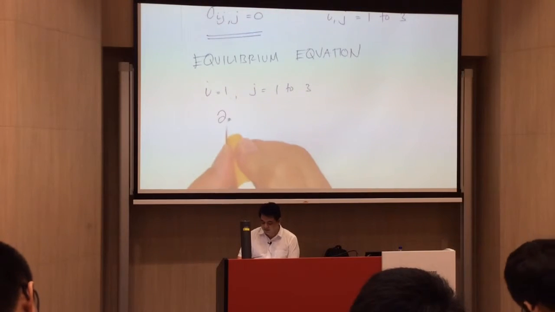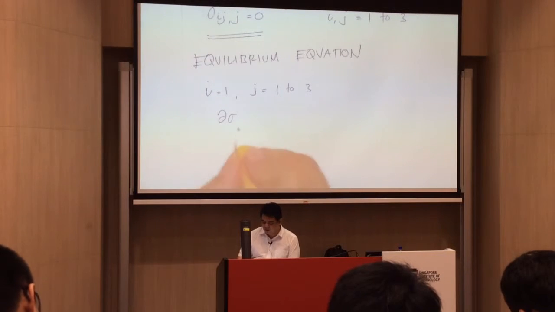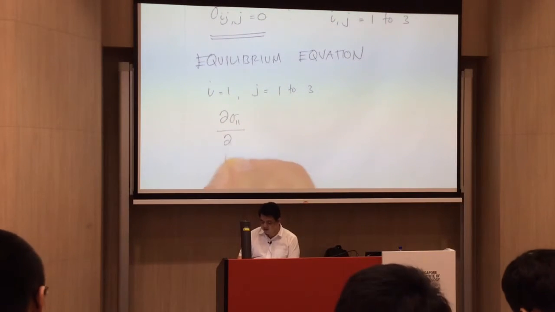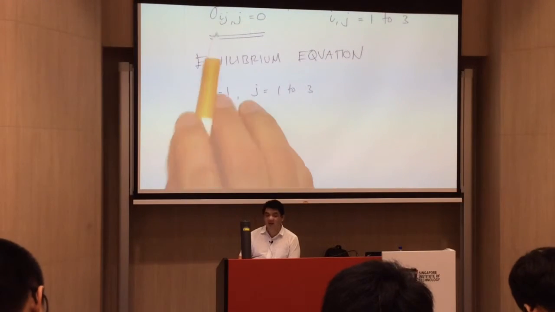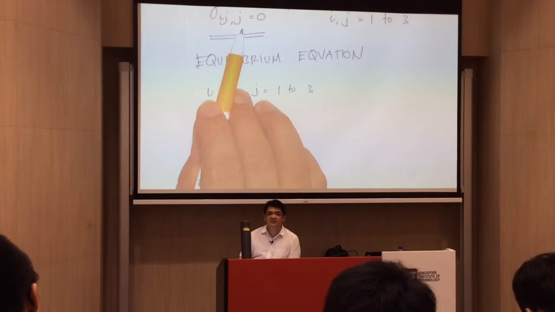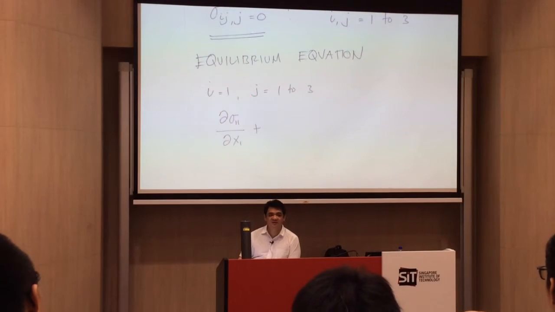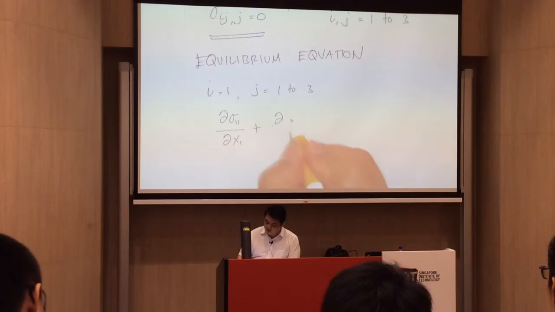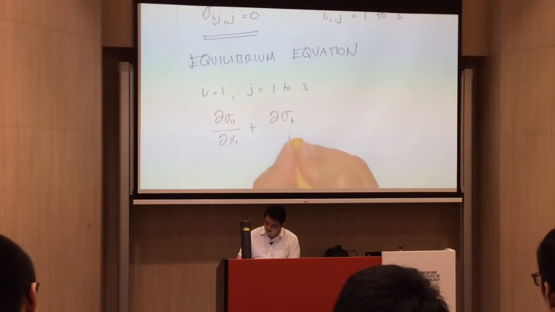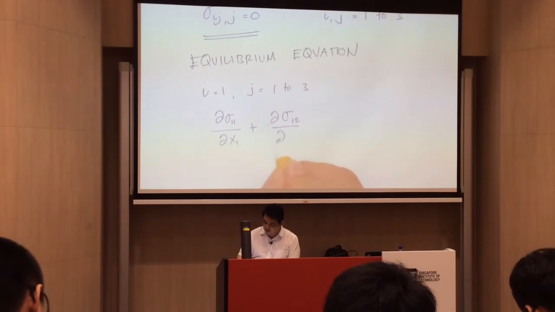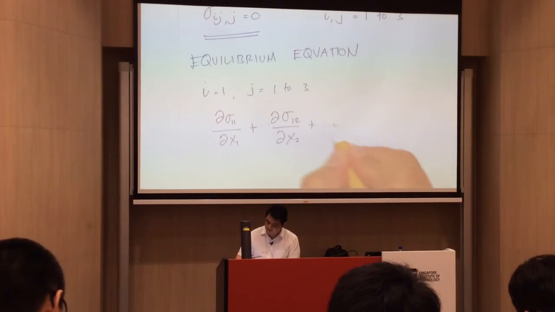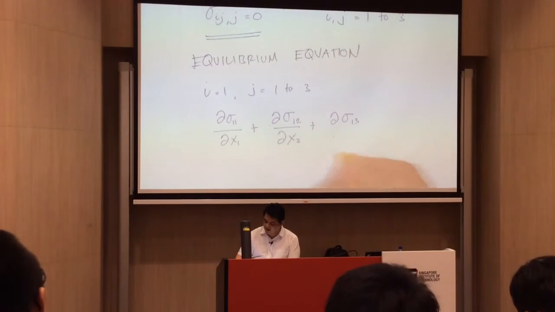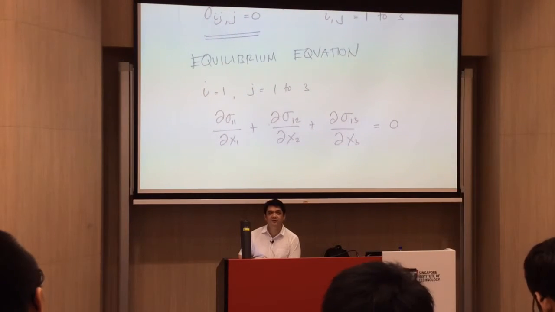Partial of sigma 1,1 with respect to x1, and then we have a repeated index, so there's a summation, plus partial sigma 1,2 with respect to x2, plus partial sigma 1,3 with respect to x3, equal to 0.